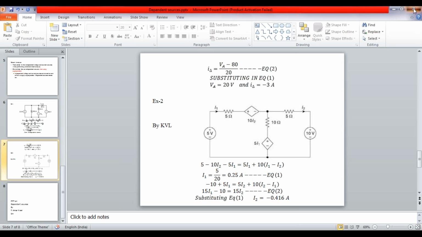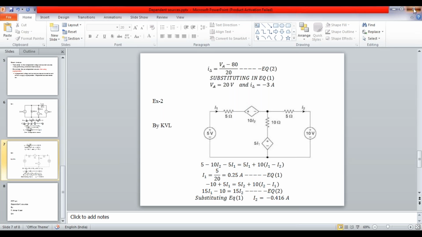Now for the active elements, there are three active elements in the circuit: an independent source and two dependent sources. Now we can think about the polarities of these sources. It is plus 5 and plus 10I2. Both are positive, so both are opposing. So it is 5 volts minus 10I2.